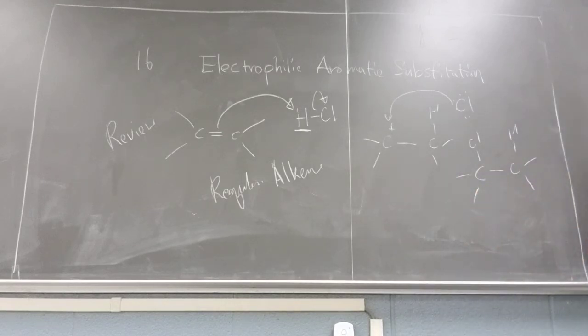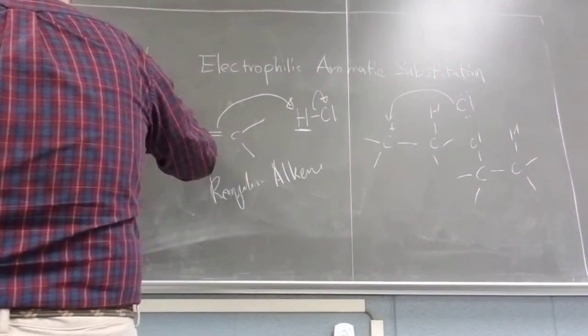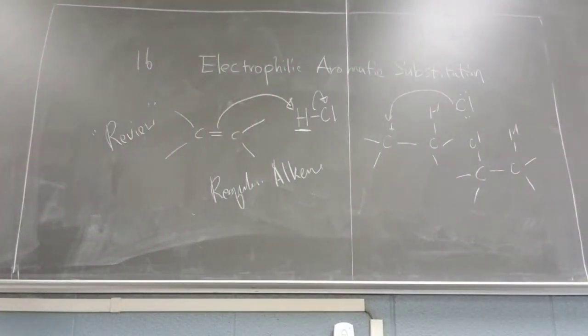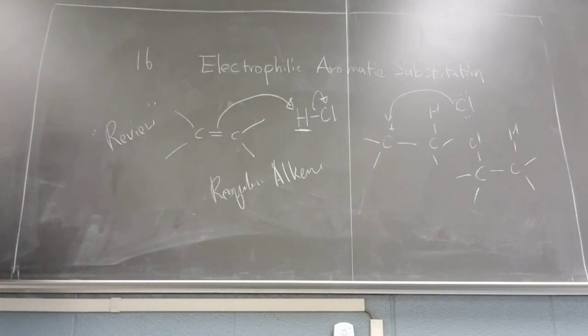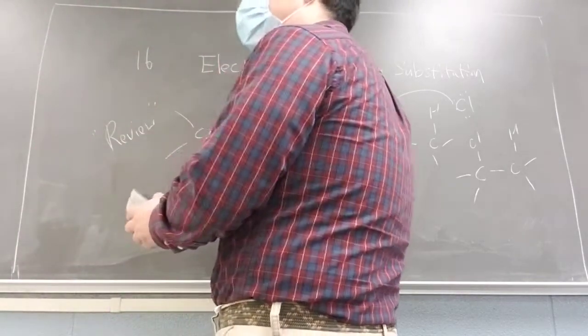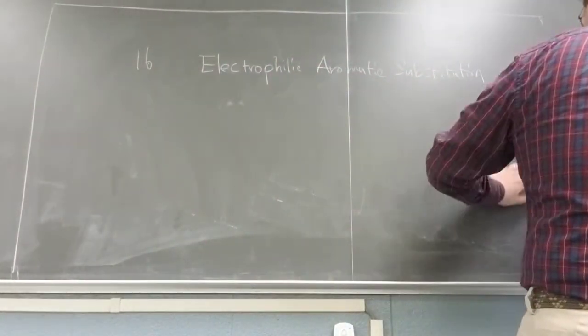You guys remember this, right? This is what we did in Orgo 1. It's a quick review because we want to compare this to our example of aromatic halogenation, so try to keep this in your mind.